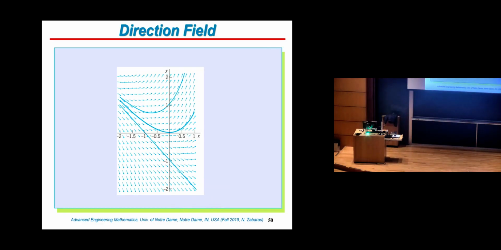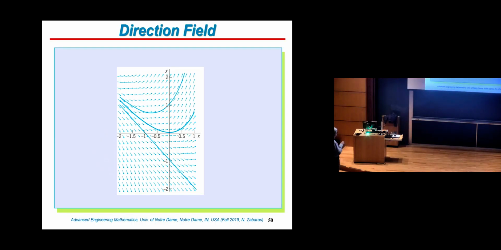What do you think happens below this line? So if I start anywhere in this region, where am I going to find myself as t goes to infinity?